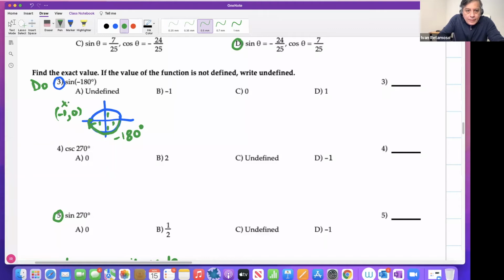Yeah, the hint is x, this is y coordinate. The first coordinate is cosine. The second coordinate always sine. That's always true for any angles using the unit circle. Excellent.